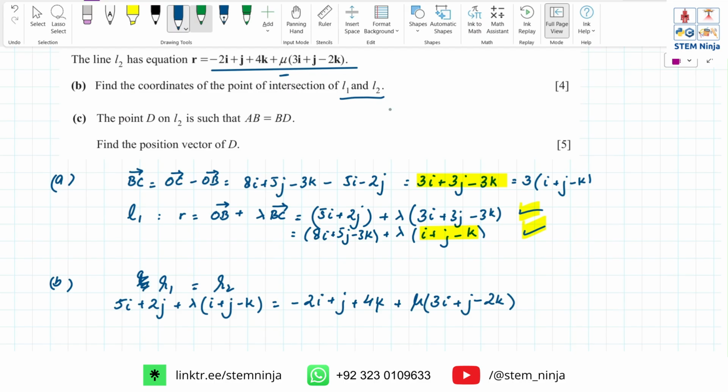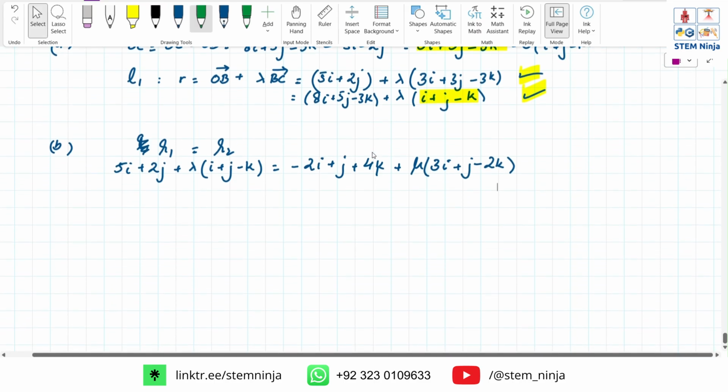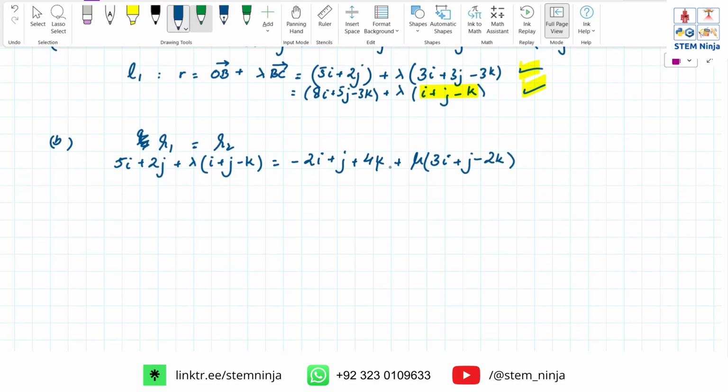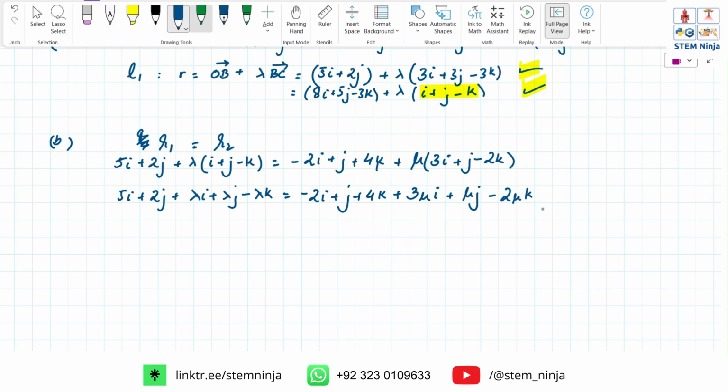minus 2k). Now, first things first, we need to multiply the lambda and the mu inside the brackets. So 5i plus 2j plus lambda i plus lambda j minus lambda k, and this would be minus 2i plus j plus 4k plus 3 mu i plus mu j minus 2 mu k.